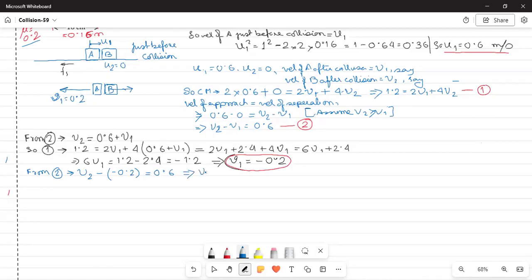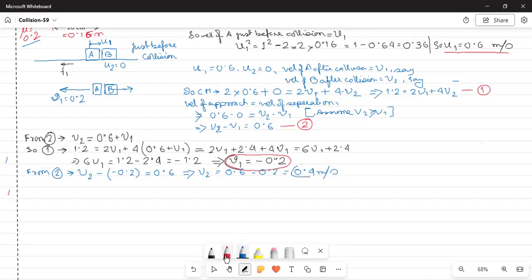Therefore, V2 is 0.6 minus 0.2, equal to 0.4 meter per second.